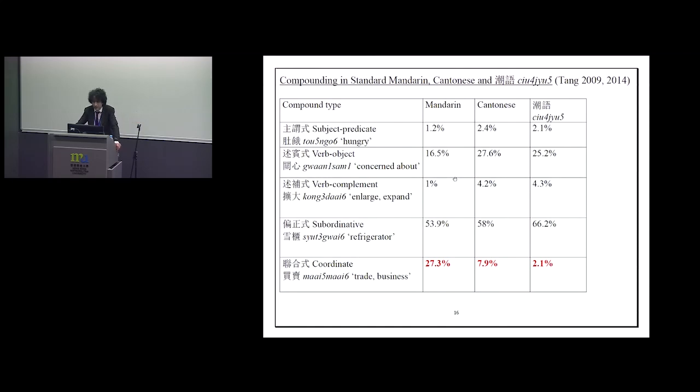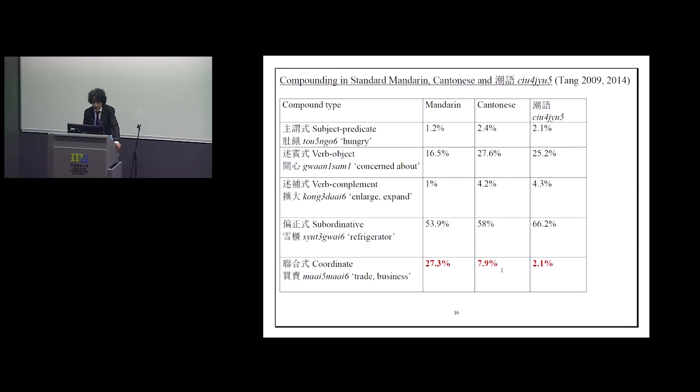And he shows something very interesting, that the proportion of different types of compounds in the traditional classification is not that different for most categories, but it is very, very different for coordinating compounds. There is clearly a much greater share of coordinating compounds in Mandarin compared to regular Cantonese, and even more compared to these Chiyu Cantonese. So this difference is quite striking.